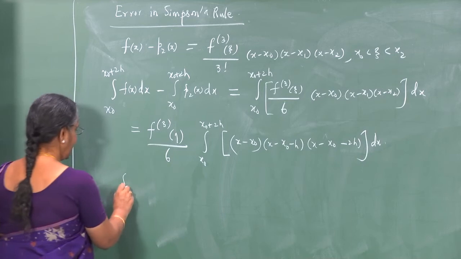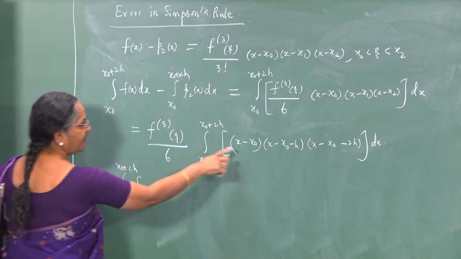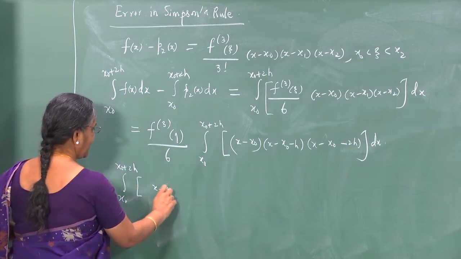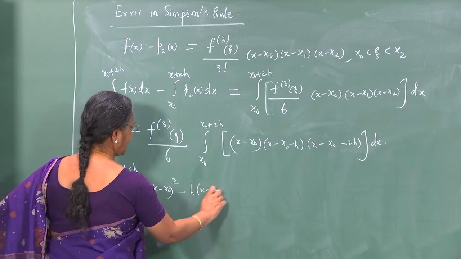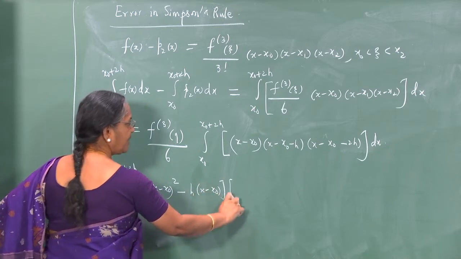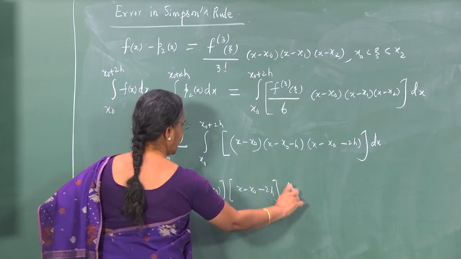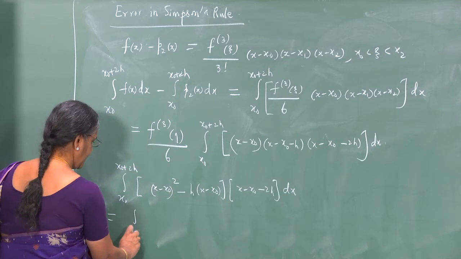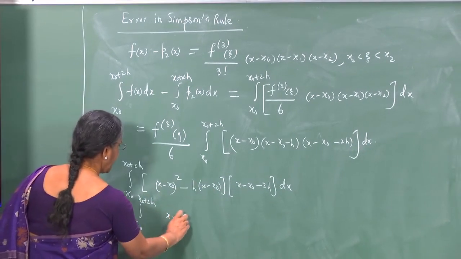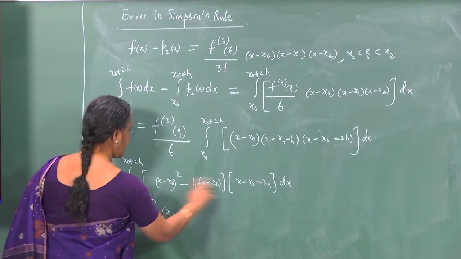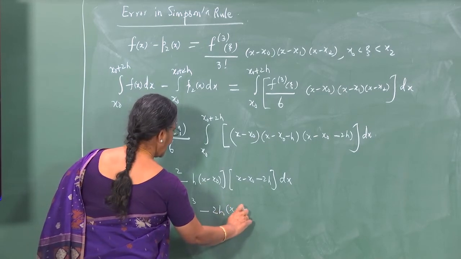So, let us consider the integral from x0 to x0 plus 2h, then this will give you (x minus x0) the whole square minus h into (x minus x0), and that must be multiplied by (x minus x0 minus 2h) and integrated with respect to x.